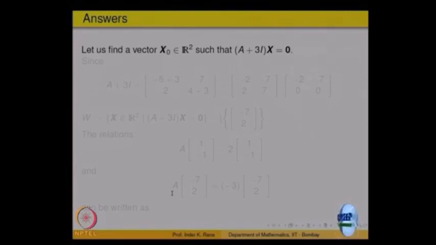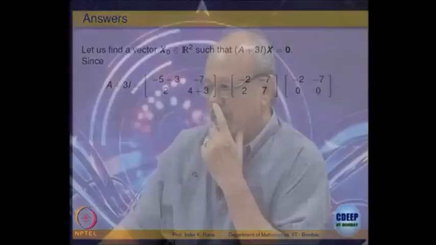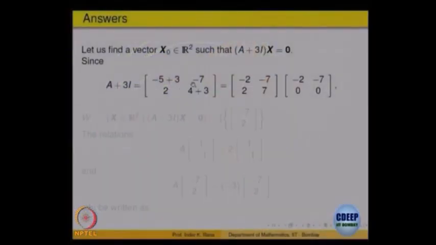There may be a typo, let us just see. Lambda is minus 3, so A plus 3I: minus 5 plus 3, minus 7, 2, 4 plus 3. Is that okay? That gives me minus 2, minus 7, 2, 7.